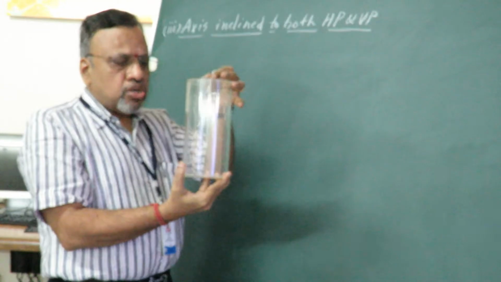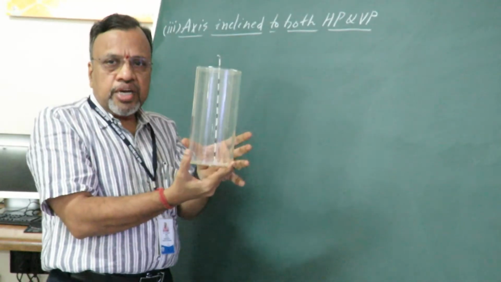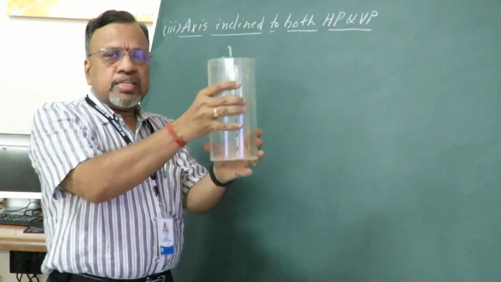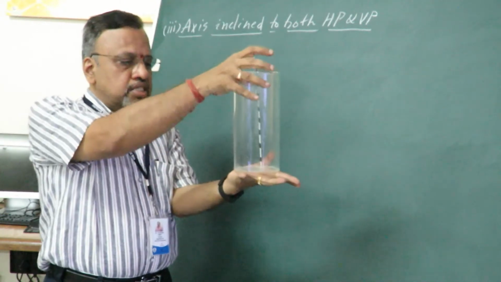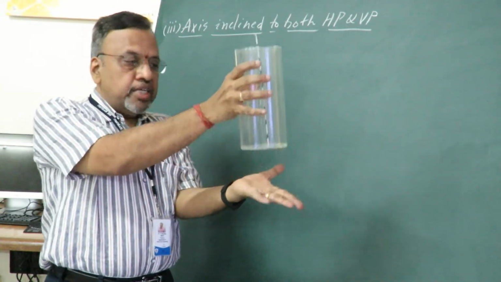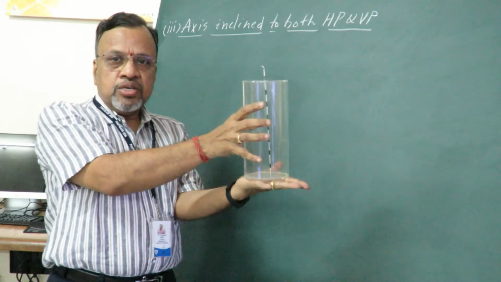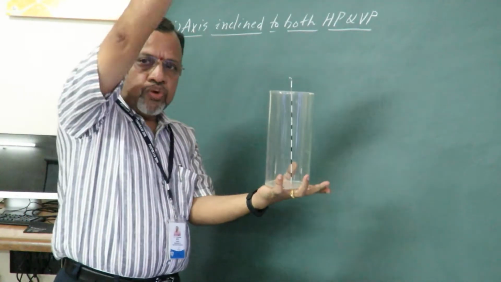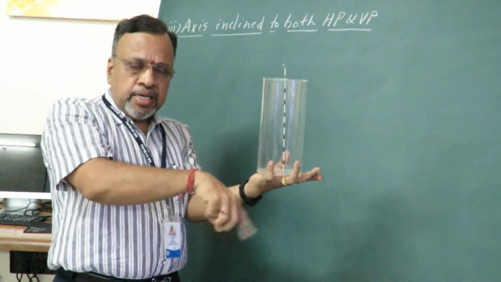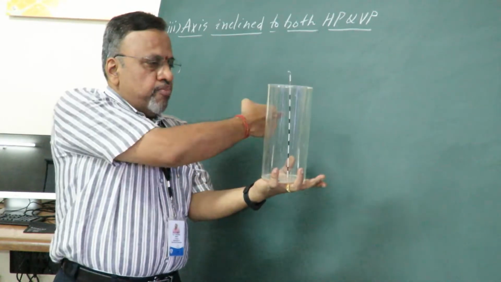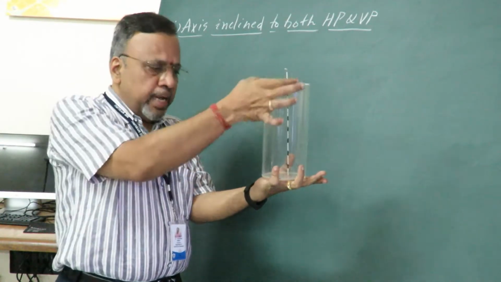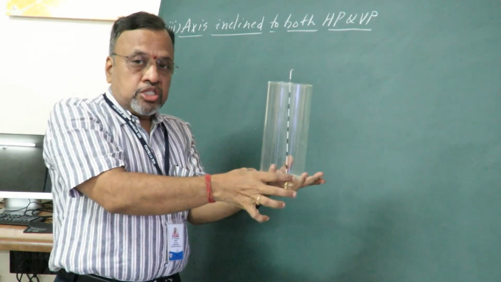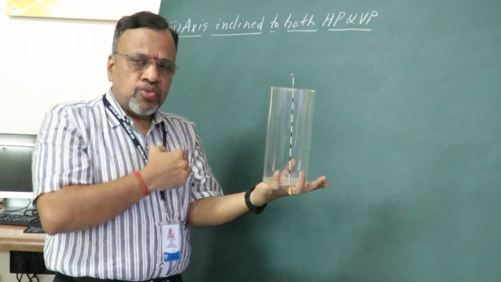If I want to draw the orthographic projection of this cylinder, if I hold it like this, that is, the axis is perpendicular to HP and the base is resting on HP, then in the top view I can see just the base circle, whereas in the front view I will see it as a rectangle. So just remember, if I have a sphere, what will happen?